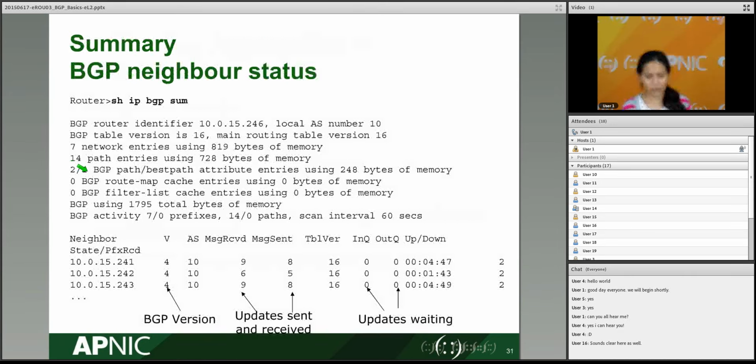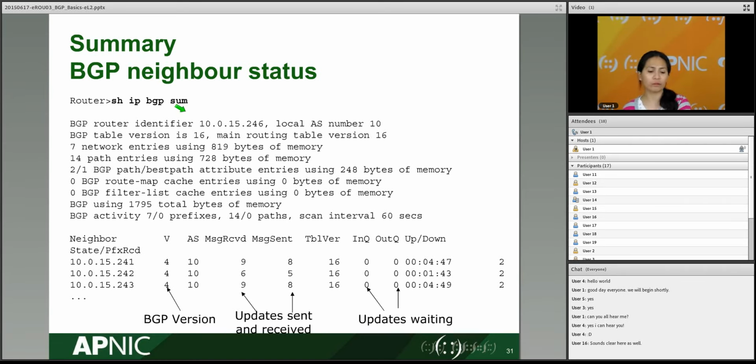Is there anything else? This is an example of the show IP BGP summary, which is a summary of all the neighbors and the routes that are advertised by each of those neighbors. So you notice that here I have peering with 3 other routers in this case, and each of the routers is advertising 2 prefixes coming into me. Okay, this is a summary.